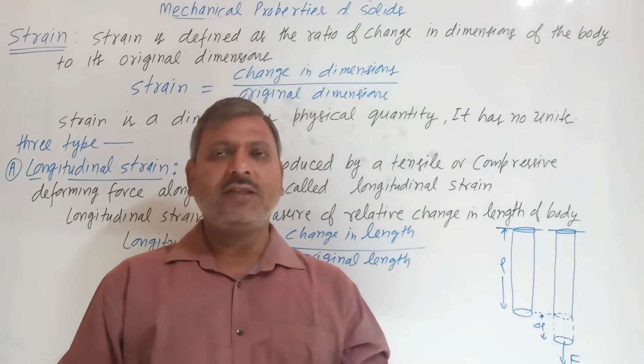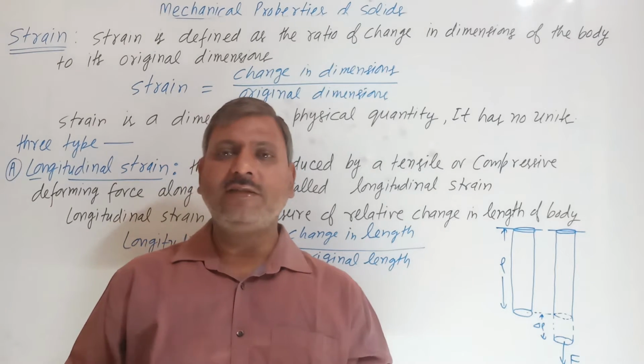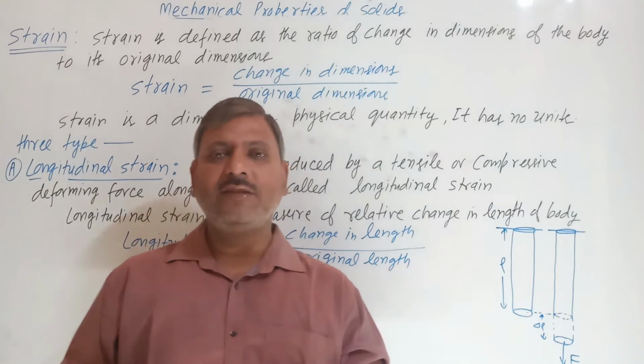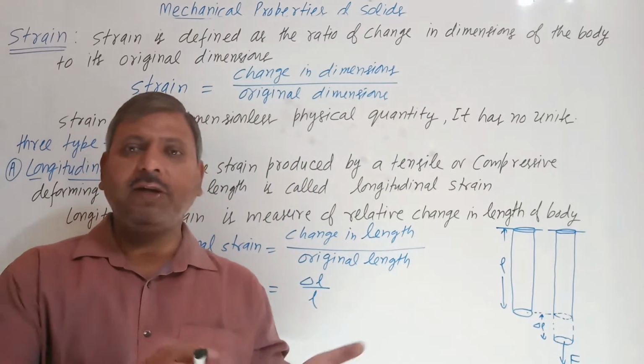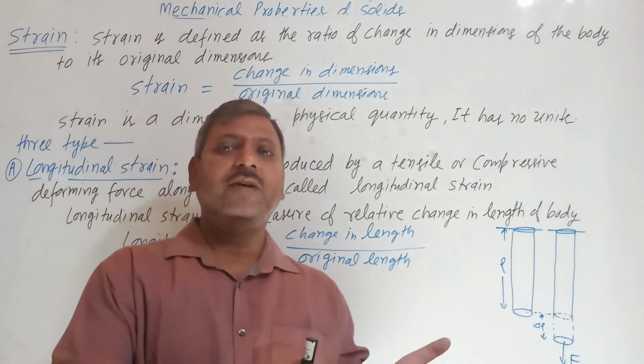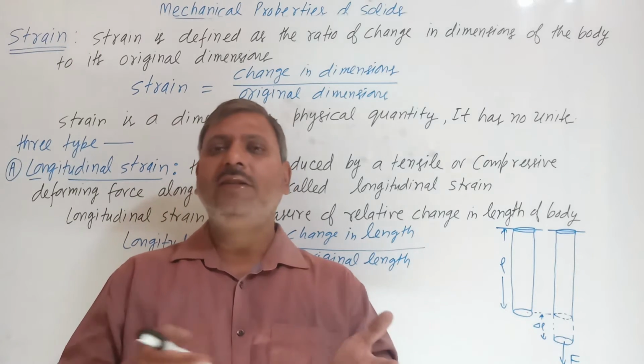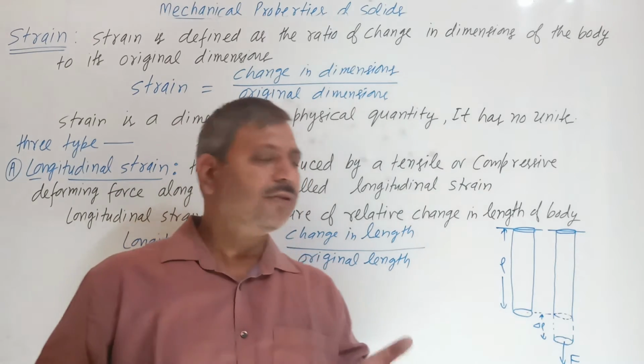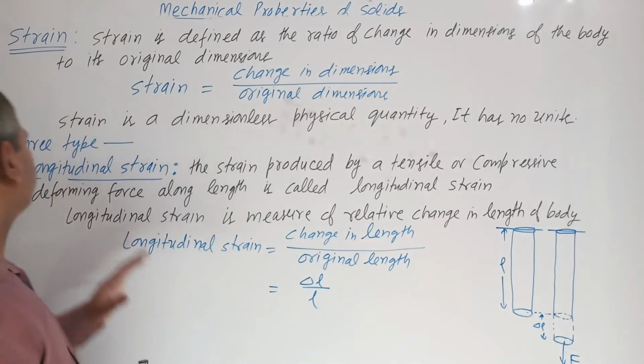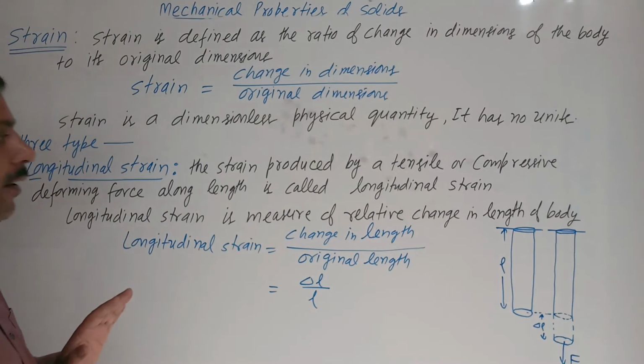When longitudinal stress is applied, longitudinal strain is produced. When volumetric stress is applied, there is a change in volume, so volumetric strain is produced. And when shearing stress is applied, shearing strain is produced. First is longitudinal strain.